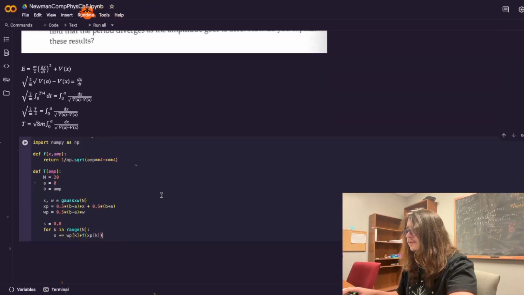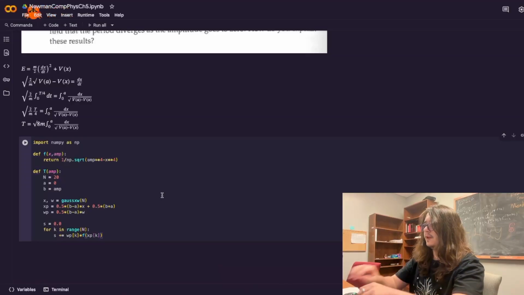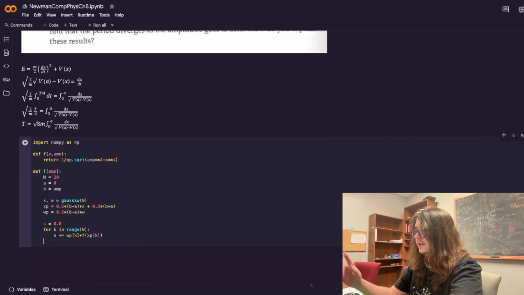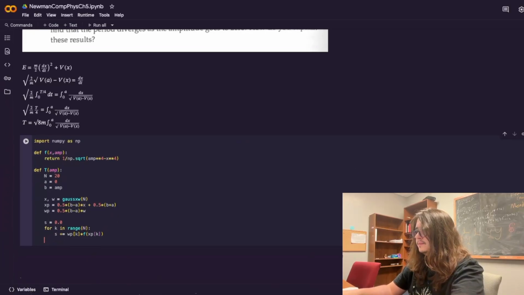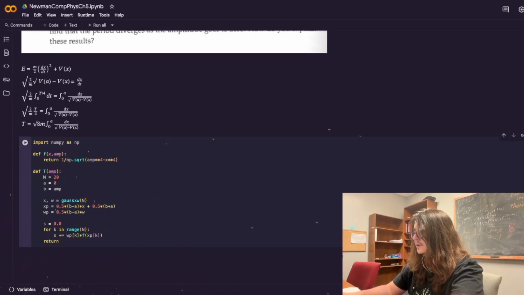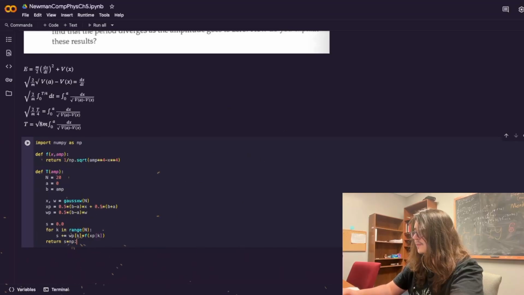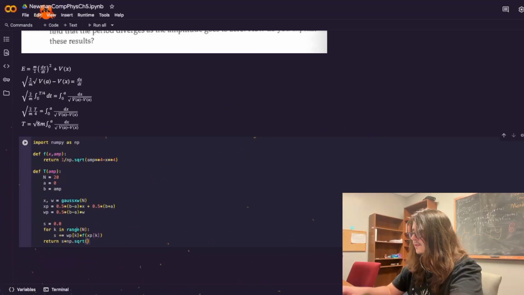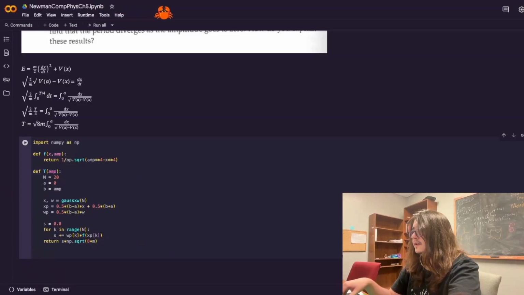in the function. And then whenever we have the integral done, you return s times the square root of 8 times m. Lovely. Then you plot it.